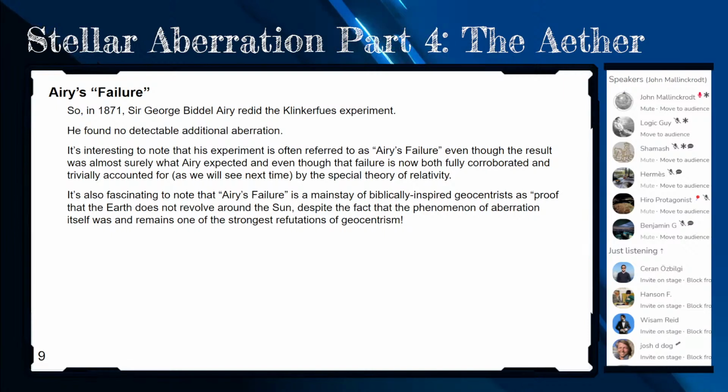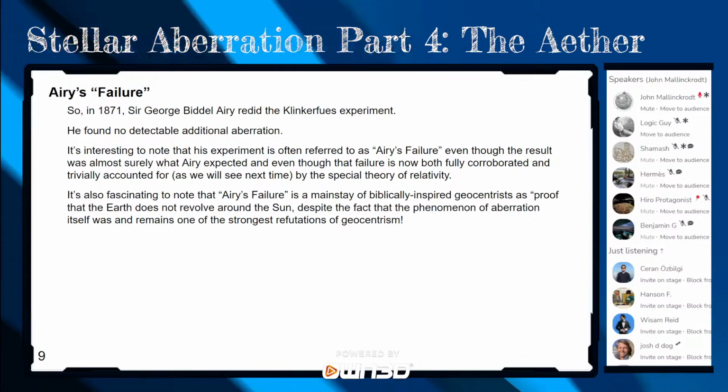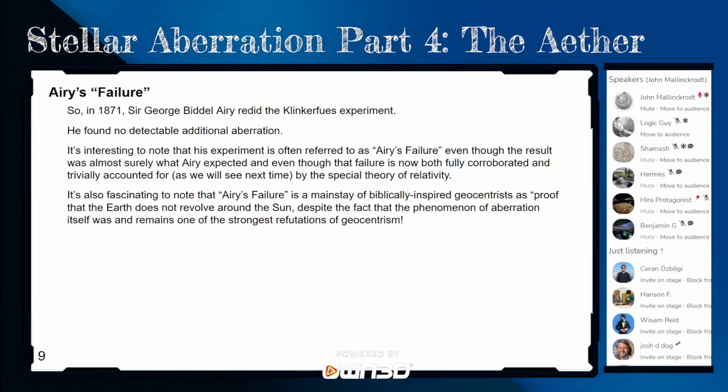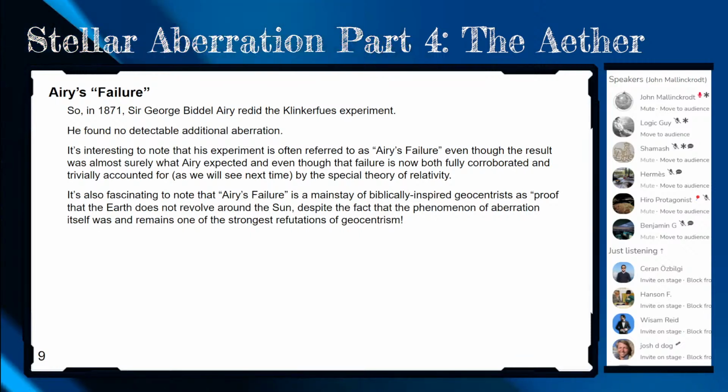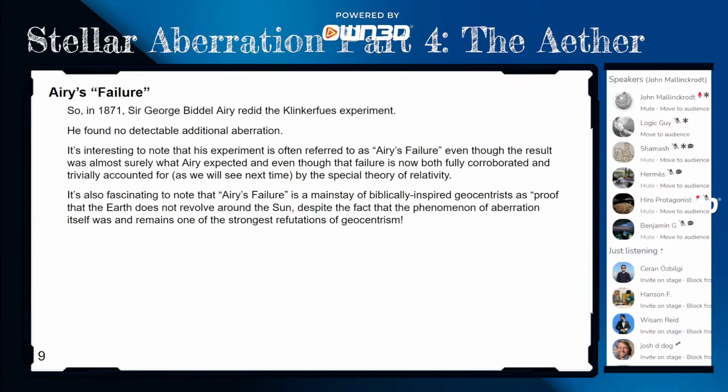There may be minor differences, but we still haven't seen them, and we're now capable of detecting them probably to 10,000 to 100,000 times greater accuracy. So that's what we say about Airy's failure. It's called Airy's failure, even though that result is now fully corroborated and, as we'll see next time, trivially accounted for by the special theory of relativity.